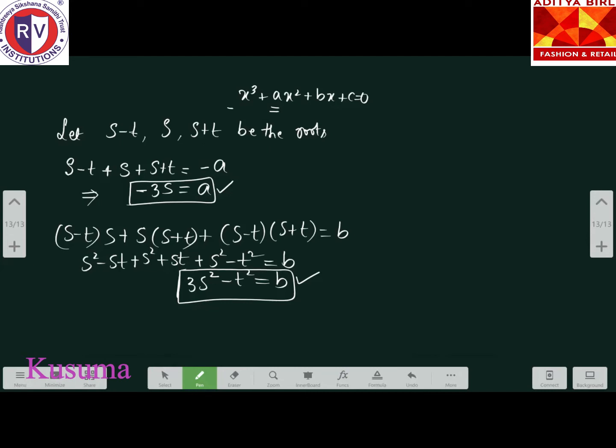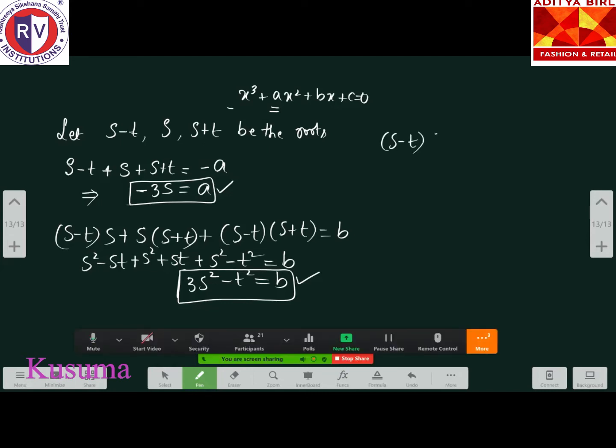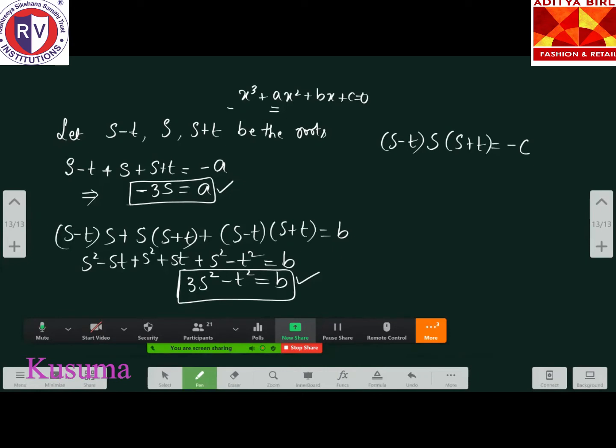So s minus t into s into s plus t will give us minus c. This will be s cube minus st square is equal to minus c, or c is minus s cube plus st square.